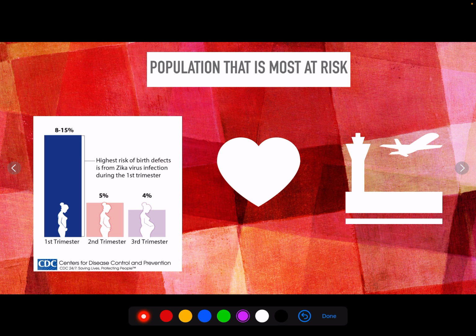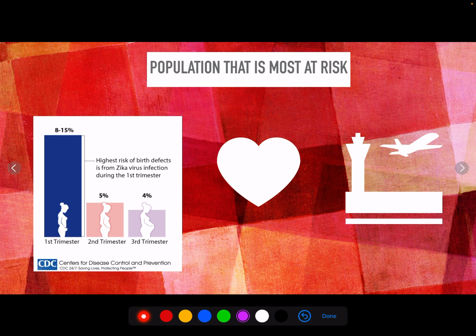Going back to the moms, they've noticed that women that have symptoms and women that don't have symptoms have the same probability of having these birth defects. So whether they are symptomatic or asymptomatic does not make a difference in how the fetuses are going to be affected.